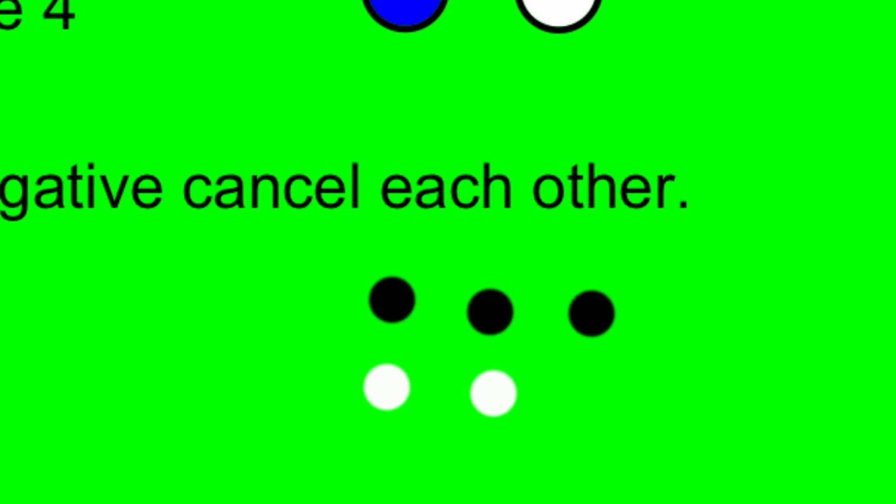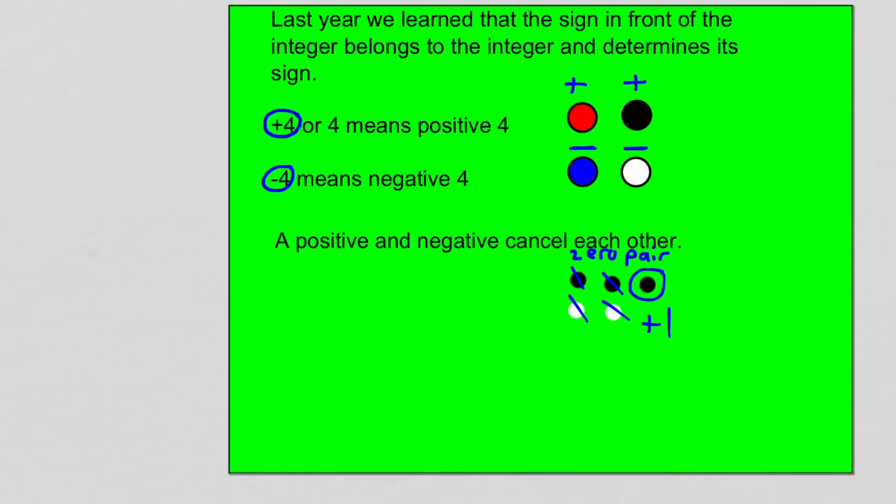Every positive and negative cancels each other out. So if I have a positive and a negative together, like this guy and this guy, they cancel each other out and make 0. We call that a 0 pair. So this guy here would be another 0 pair. And we're left with just this one little guy on his own, and we would say that's positive 1.